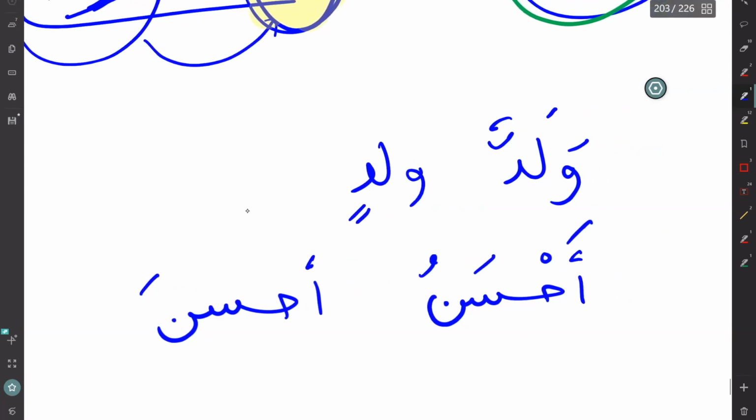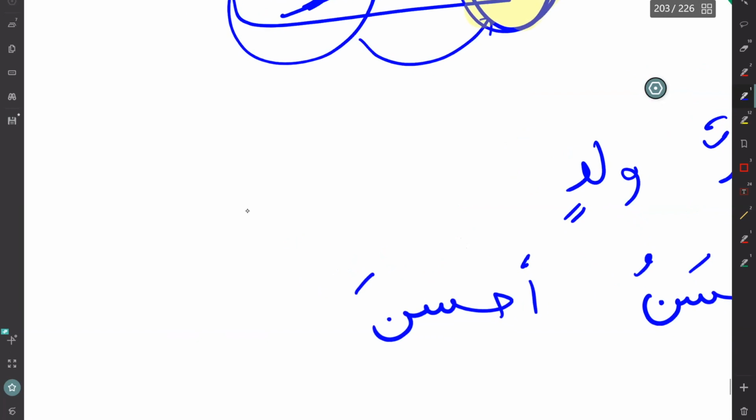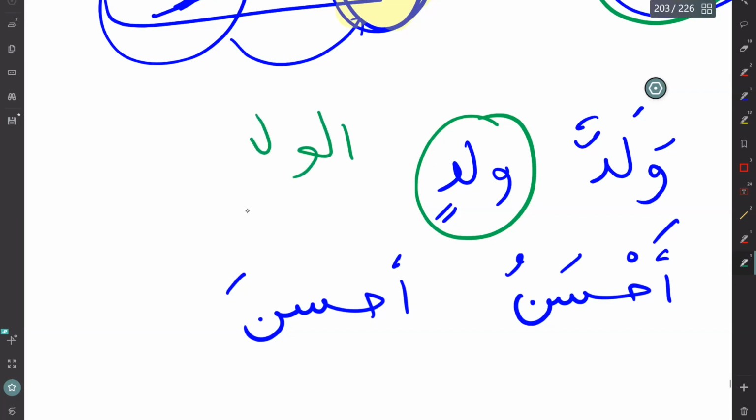But now the situation changes when we put alif lam on this word, al-waladu. Even this simple word cannot take a tanween, because alif lam forces you to lose the tanween. With alif lam, you can never have a tanween.